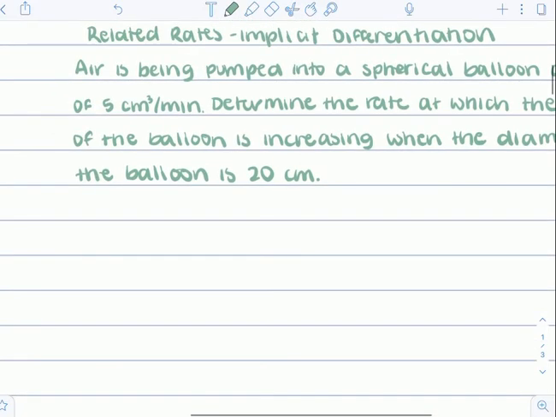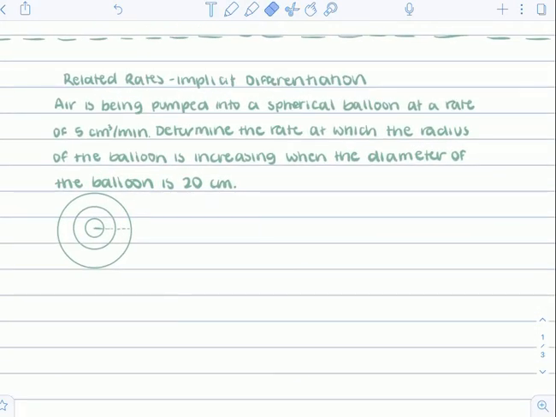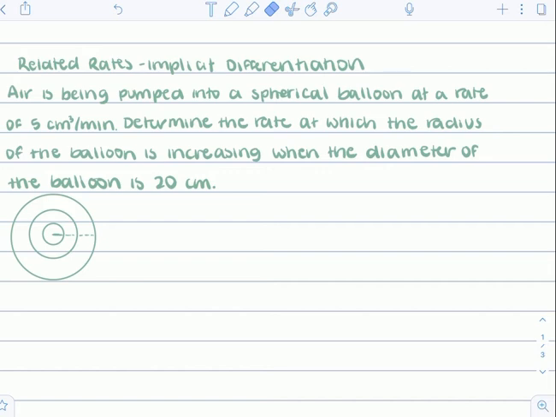Let me draw a better picture. It's really good to draw a picture for these, and in our case, we need to find how the volume is increasing and at what rate it's increasing.